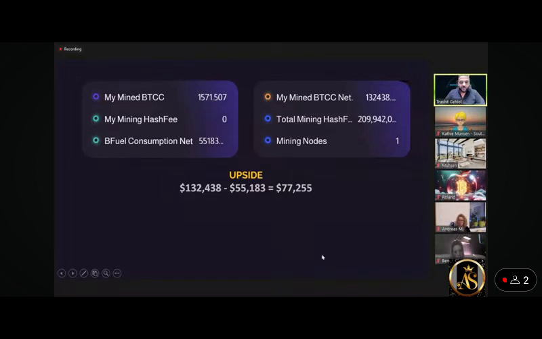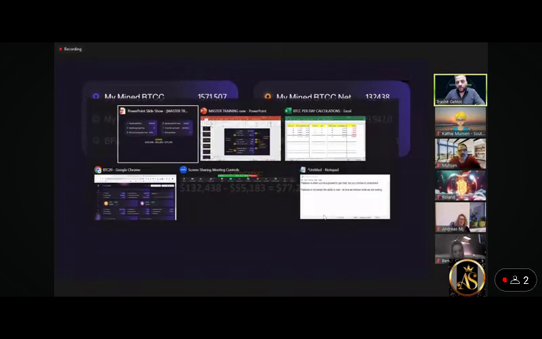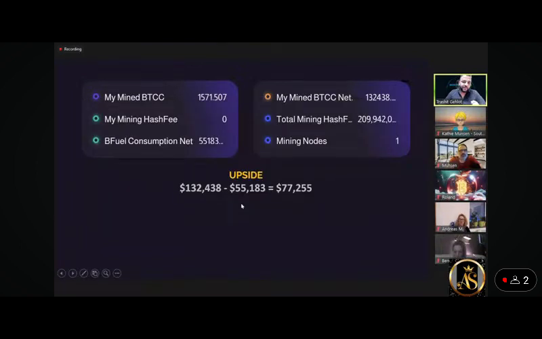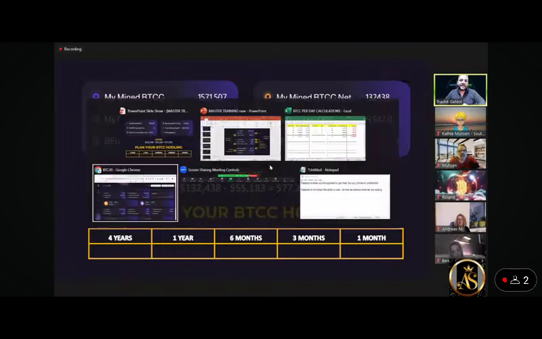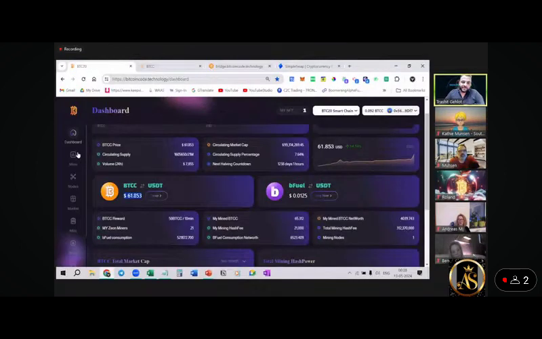Somebody who started mining from the initial day of mining had such upsides. So if you are not mining, if you are not claiming, you will never have an opportunity to cash out your BTCC, right? So mine as much BTCC as possible, because this will give you a very good leverage.